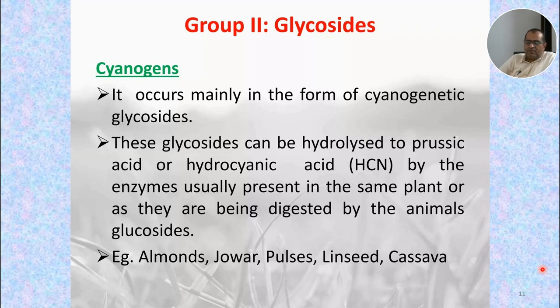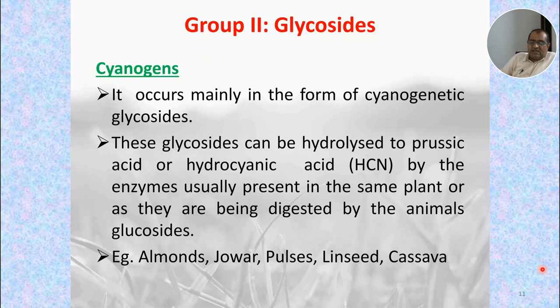Examples of cyanogenic glycoside containing materials are the almonds. Then the clover: not all clover, only the pre-blooming clover is going to cause sudden death because of the release of HCN.